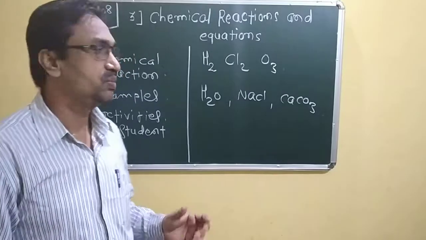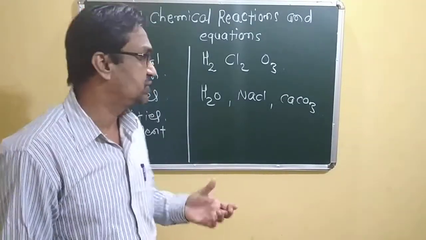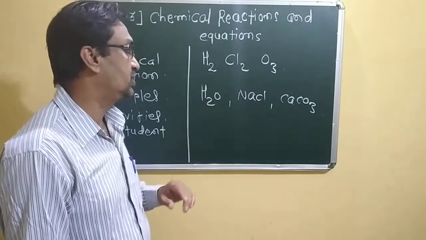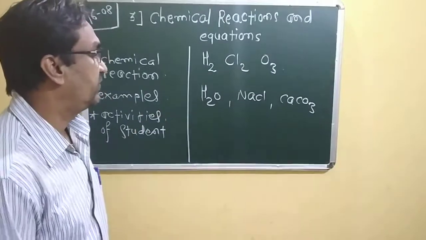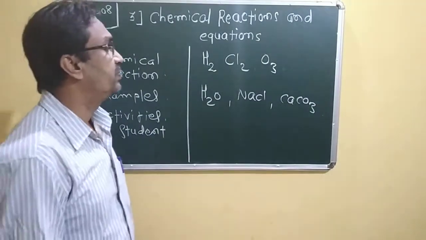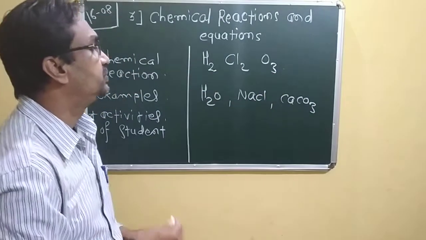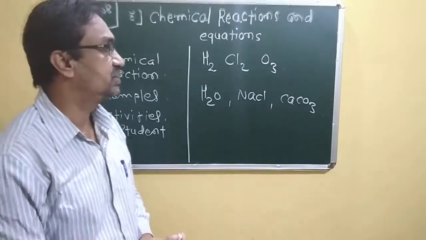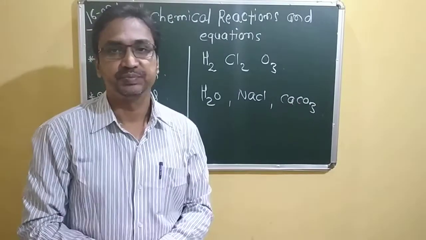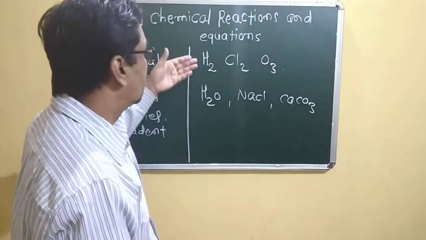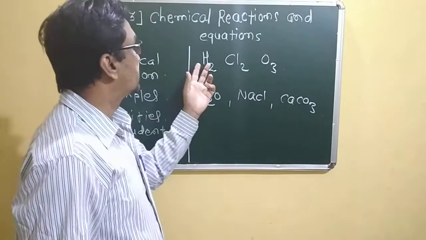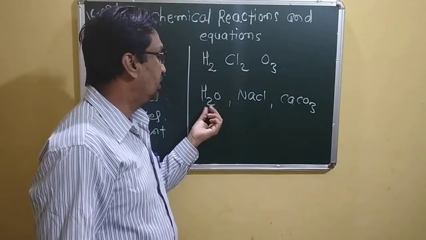H2O is a compound, that is water, made of the elements hydrogen and oxygen in a fixed proportion. NaCl is common salt, which we use in our daily routine at home, and CaCO3 is calcium carbonate, formed from calcium, carbon and oxygen. So this is the way molecules of the same element and of different elements are formed.